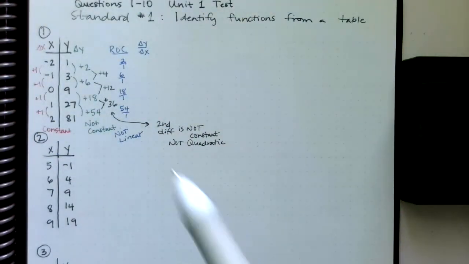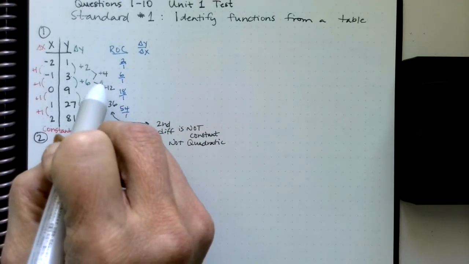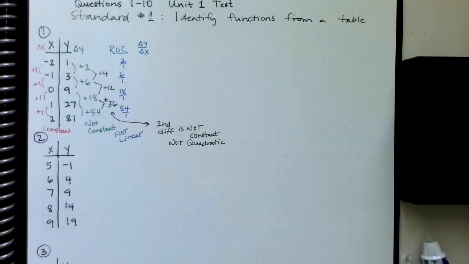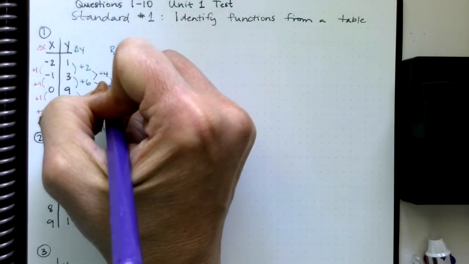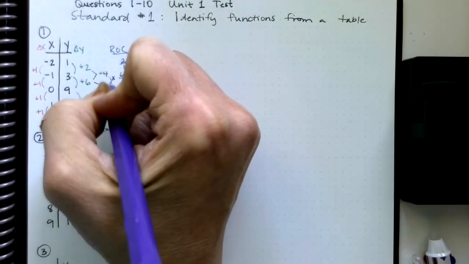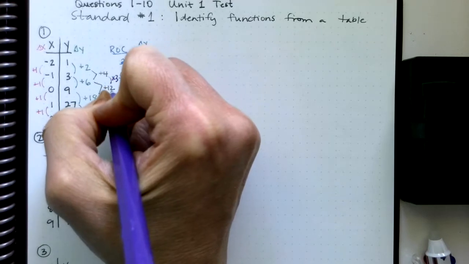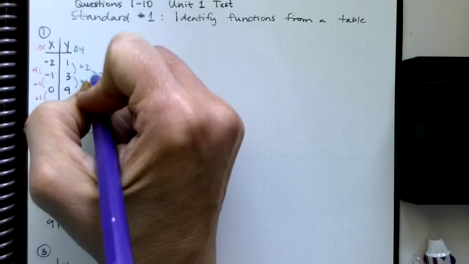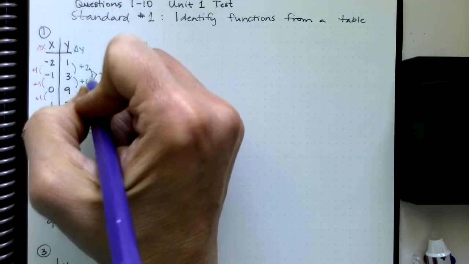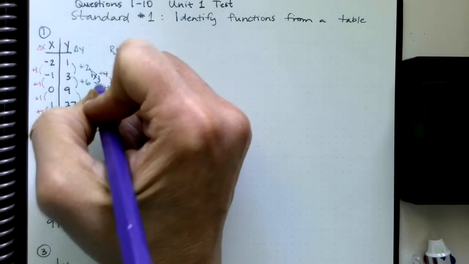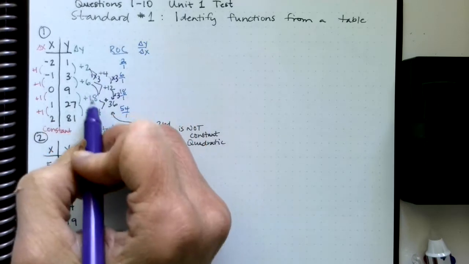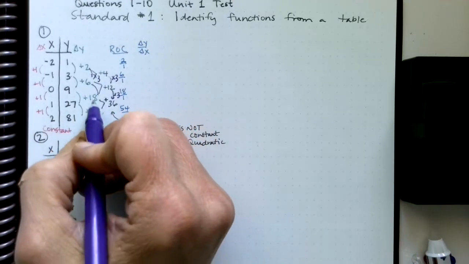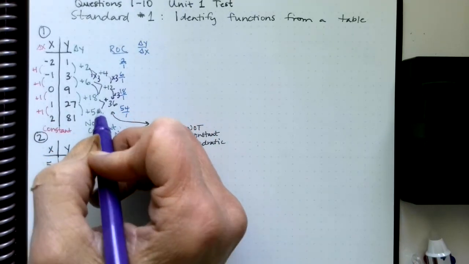When I look at this, I can see multiplication in a variety of ways. From 4 to 12 is multiplied by 3, and from 12 to 36 is multiplied by 3. I can see that from 2 to 6 is multiplied by 3, from 6 to 18 is multiplied by 3, and from 18 to 54 is multiplied by 3.